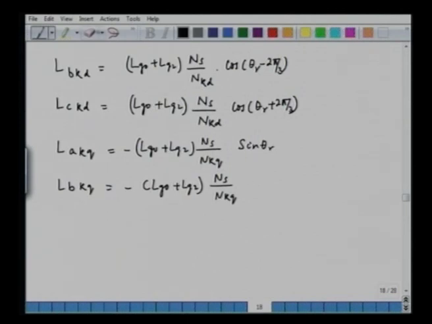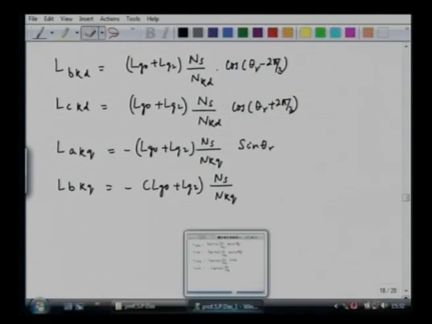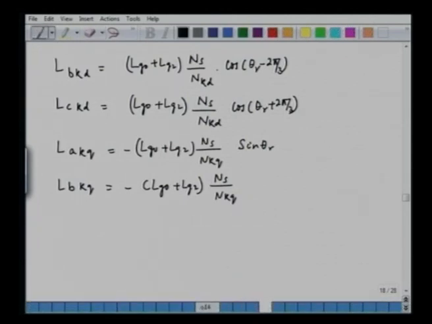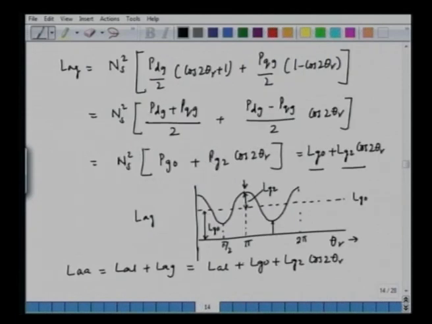Okay. Here there is a very interesting thing to note, that the inductance in the q axis is not Lg0 plus Lg2. If we look a little earlier at what we have seen, the inductance in the q axis is Lg0 minus Lg2. And we will see that Lg0 plus Lg2 is related to the inductance called the d axis magnetizing inductance.